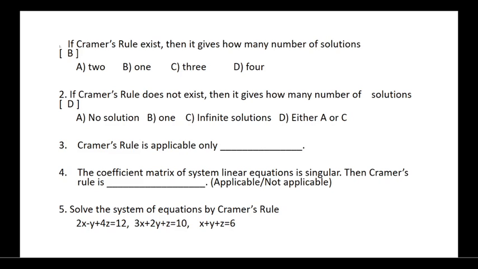Next we have to calculate delta 1. Delta 1 is also a determinant of the matrix in which the first column of the coefficient matrix is replaced by the constant matrix B. So the determinant has first column 12, 10, 6, second column minus 1, 2, 1, third column 4, 1, 1.